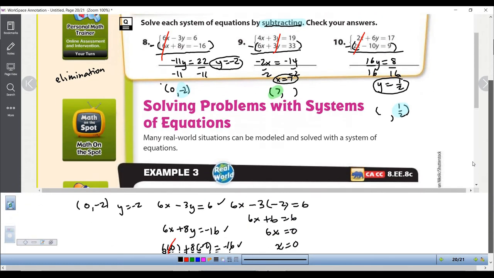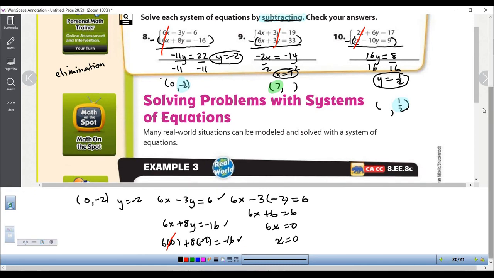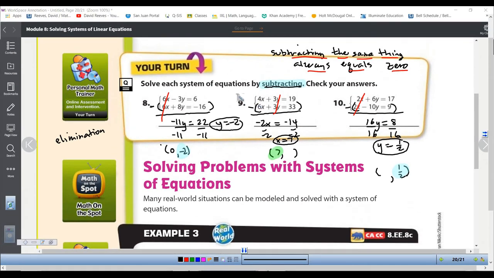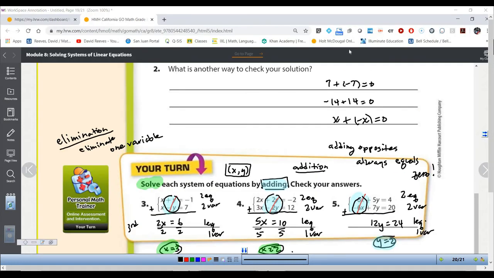So again, the second method of elimination is subtraction. How do you know when to subtract? You look for terms that are the same. When you see two terms that are the same, you're going to subtract, because subtracting the same thing always equals 0.